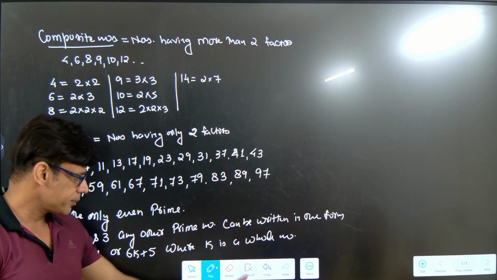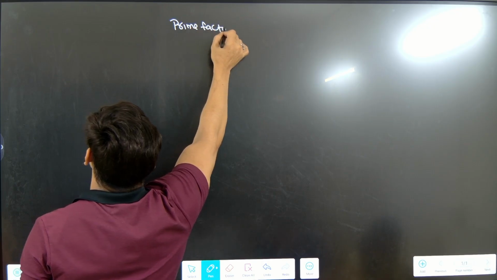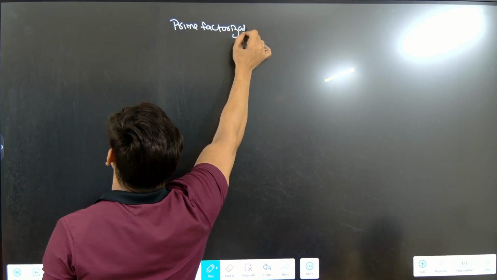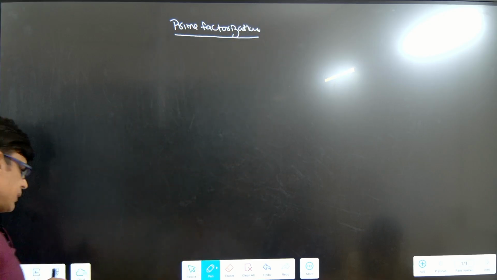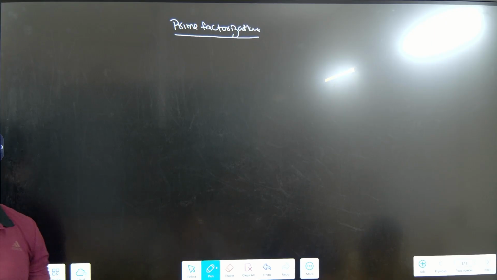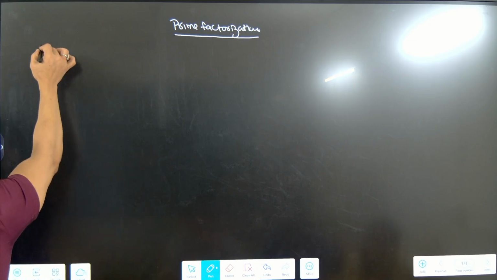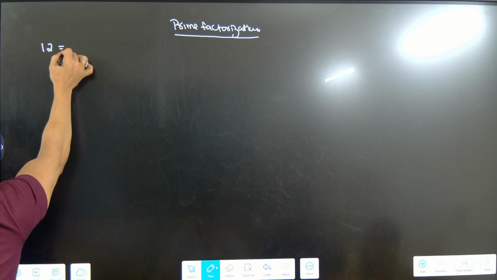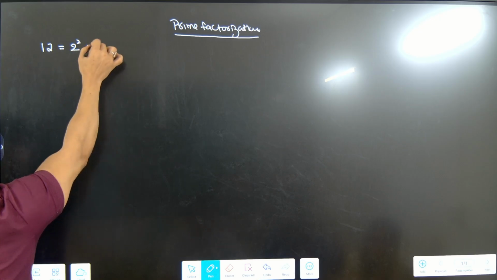Okay. Prime and composites are clear. Prime factorization: writing any composite number as a product of its primes. So if you have a composite number, let's say 12, then 12 is 2 squared into 3 raised to the power 1.